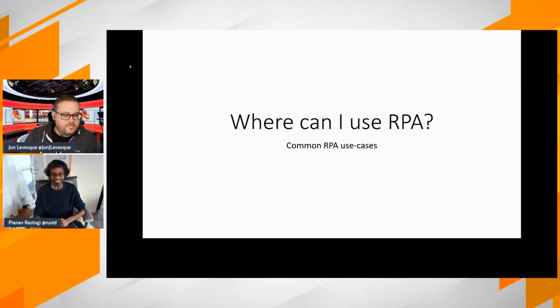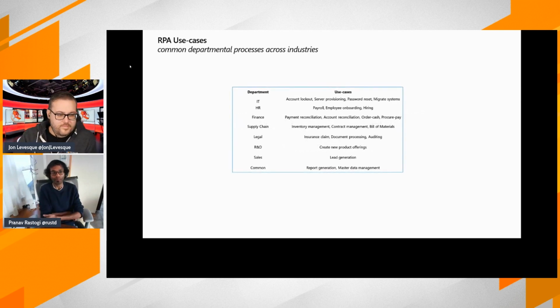All right. The key thing over here is, when you think about RPA, the first lens you want to think about is business processes, which are back-end processes that are happening in your department. And it doesn't matter what industry your company is in. These use cases apply to all industries, all companies.